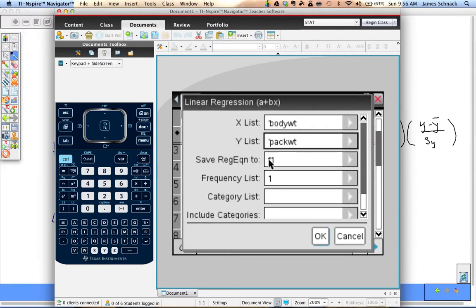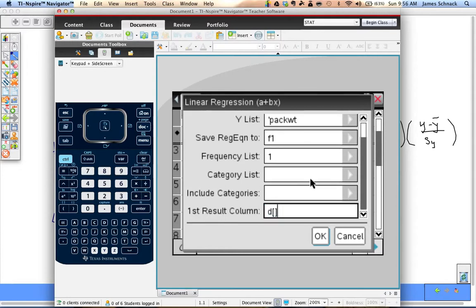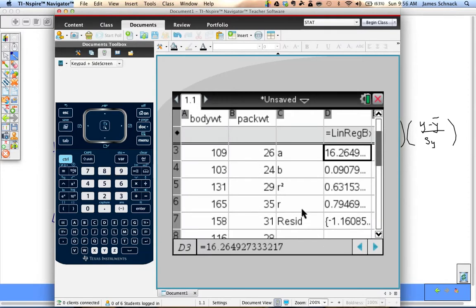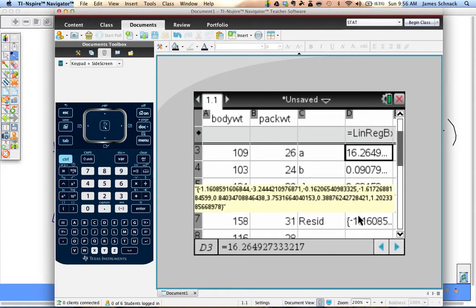I'm going to save the regression equation to f1, that's fine. Results, they're okay to put into D. I could put them into C if I wanted, there's nothing in column C. I'm going to push OK. There is my y-intercept. There is my slope. There's that correlation that we calculated by hand. And notice it tells us what the residuals are too.